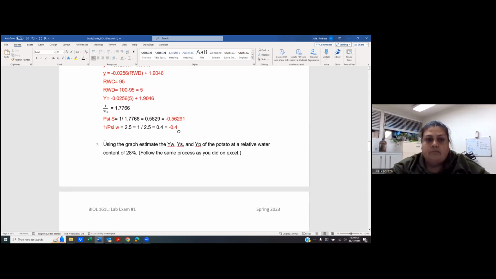Okay, so this means that psi W is minus 0.4.